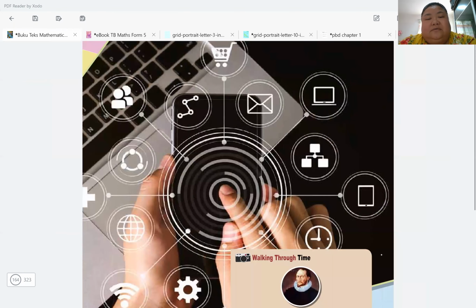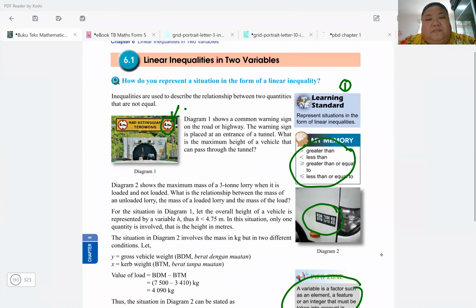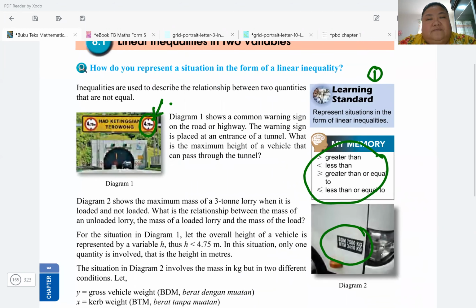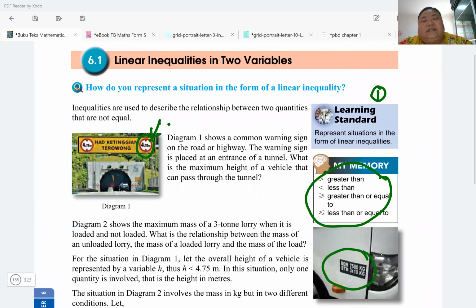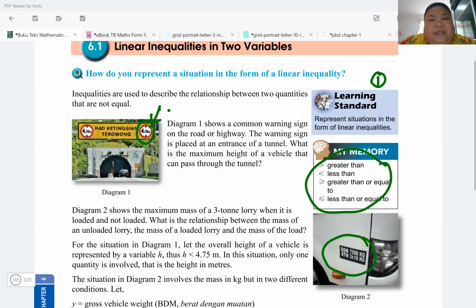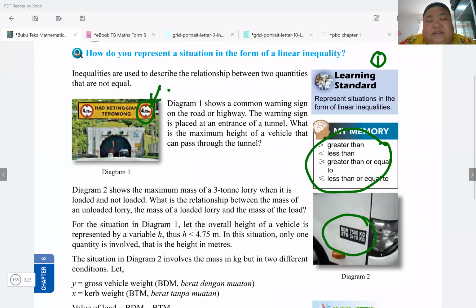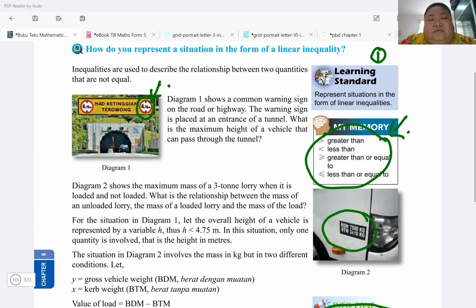For the first subtopic, our learning standard today is to represent situations in the form of linear inequality. These are things you already learned in your lower form: greater than, less than, greater than or equal to, and lastly, less than or equal to.